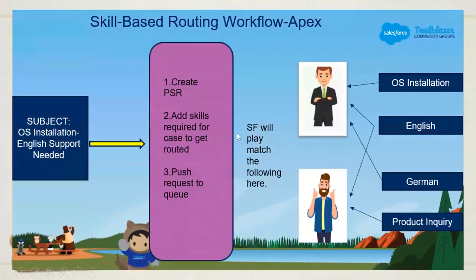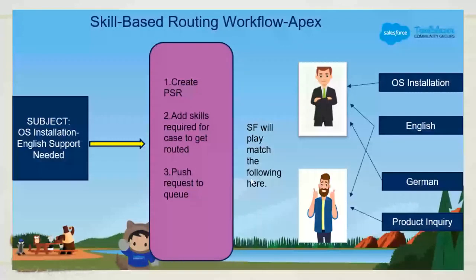When the skills are done, it updates the service request to proceed. This means the request is ready to rock and roll, and it can be assigned. So when these steps are done, the code will create a PSR, find out which skills are needed, and push it into a queue.